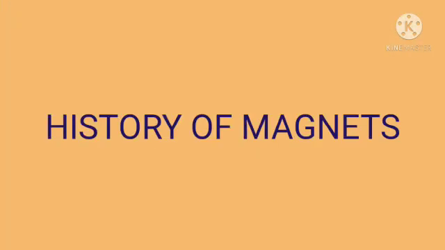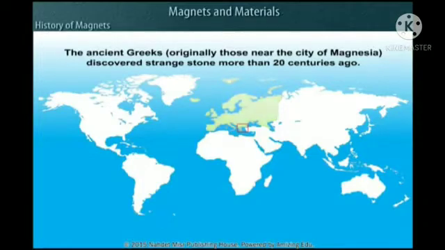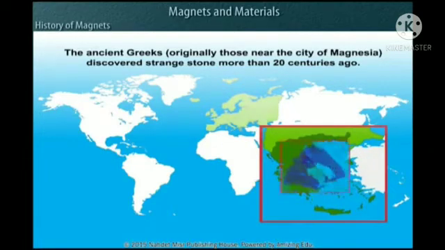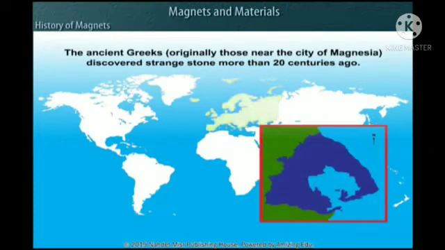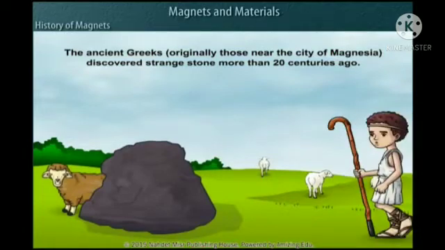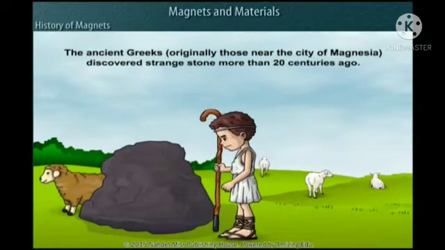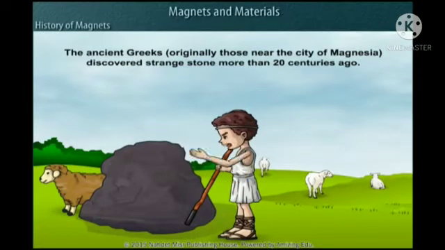As a first step, we will check about the history of magnets. There is a story behind the discovery of magnets. It is said that there was a shepherd named Magnus who lived in ancient Greece, and used to take his herd of sheep and goats to nearby mountains for grazing.